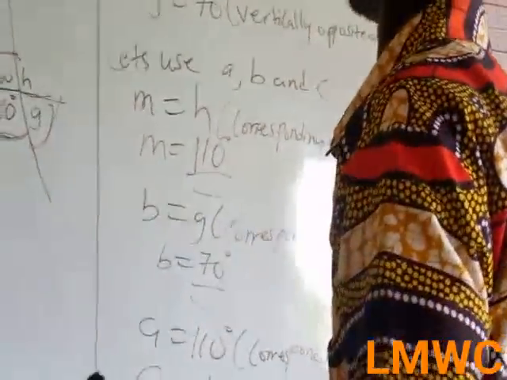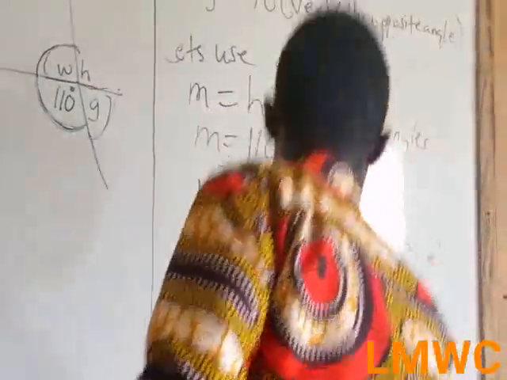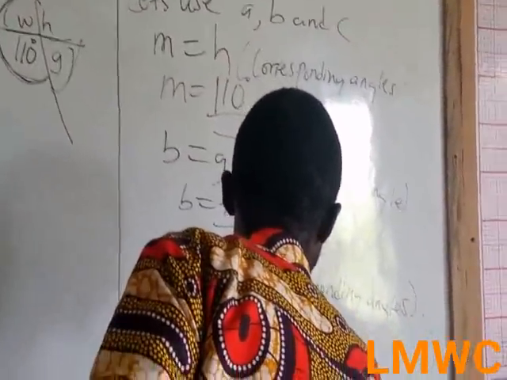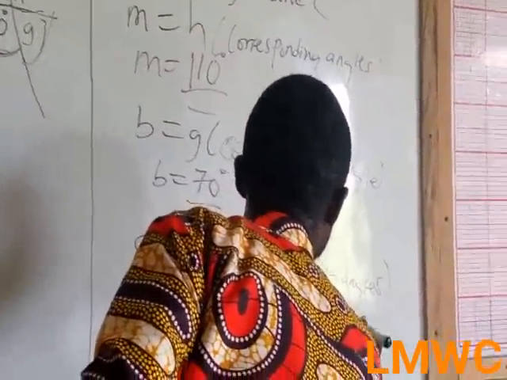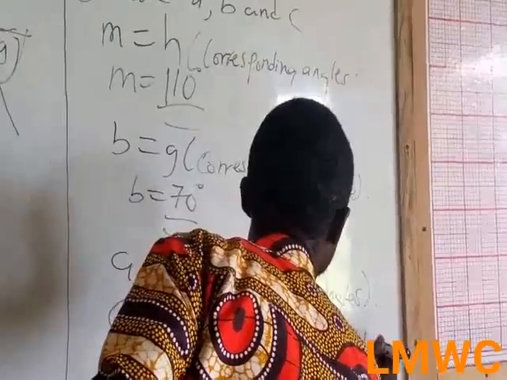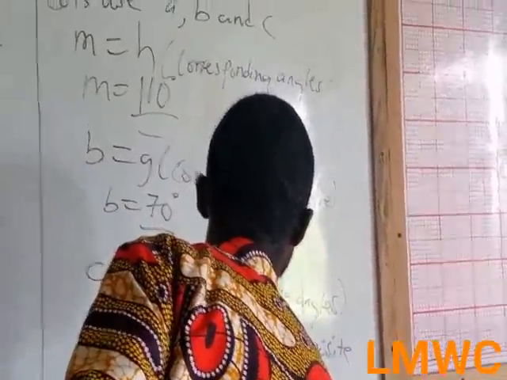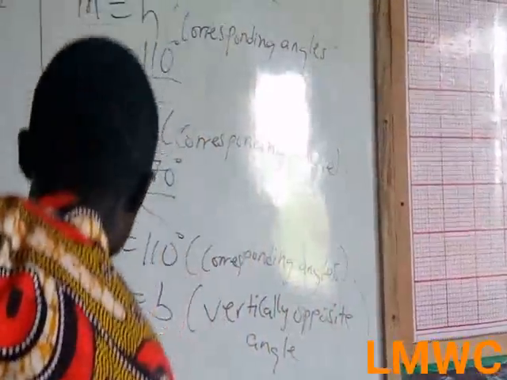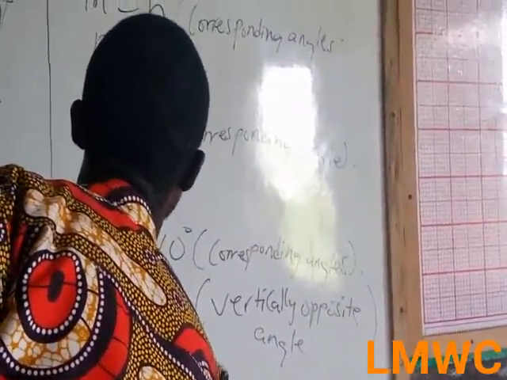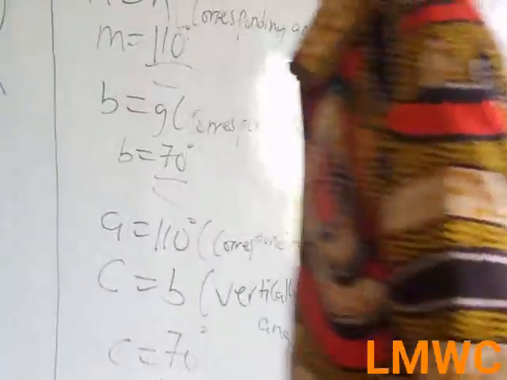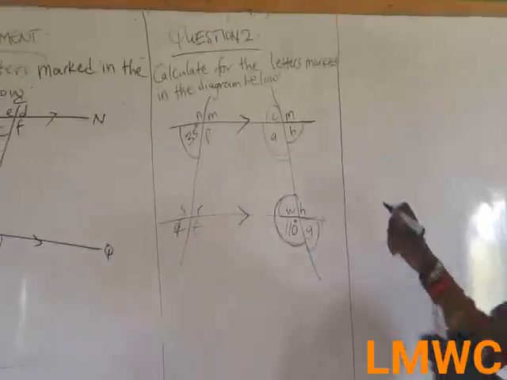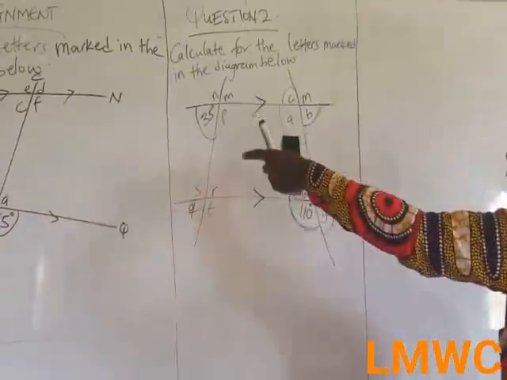C is equal to B. We know our B to be what? 70 degrees. Vertically opposite angle. So our C is equal to 70 degrees. This is the left hand side.